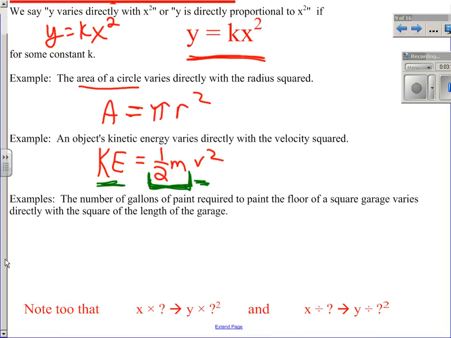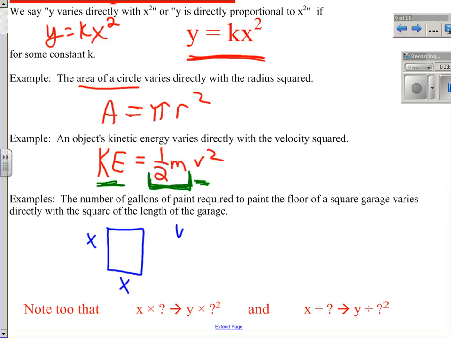All right. Here's a last example, and I really like this example because it gives a good visual. It says the number of gallons required to paint the floor of a square garage varies directly with the square of the length of the garage. So check it out. Suppose you've got a garage with a length X. That's going to take you some number of gallons, right? To find the number of gallons, here's the equation you would do.